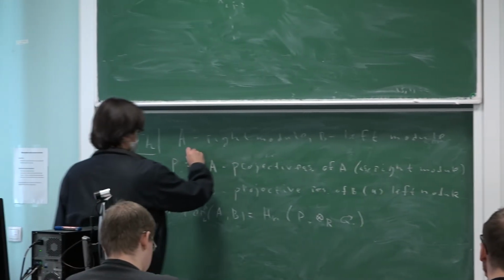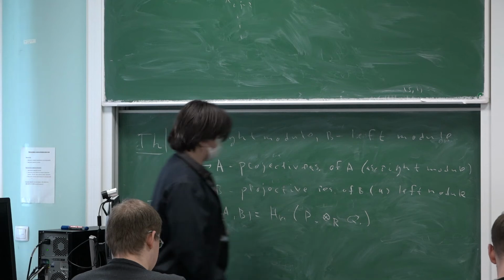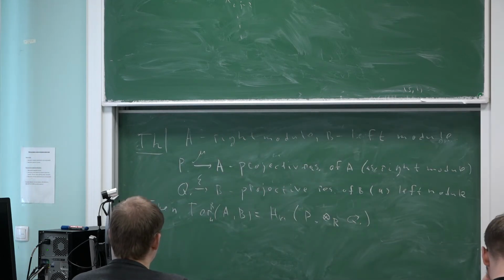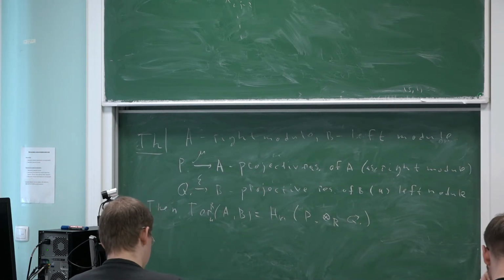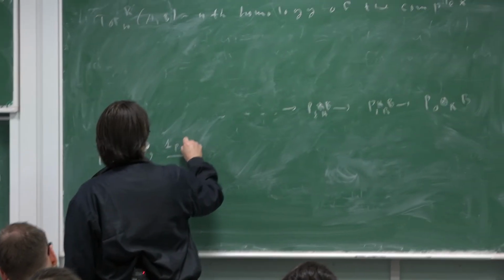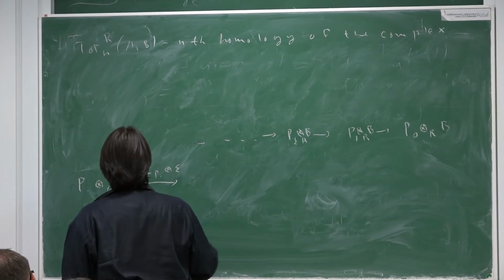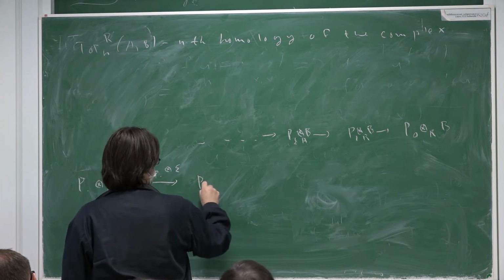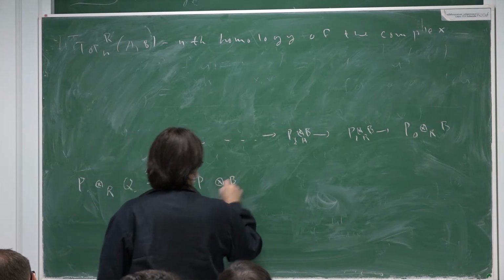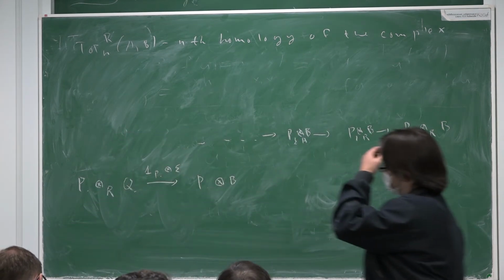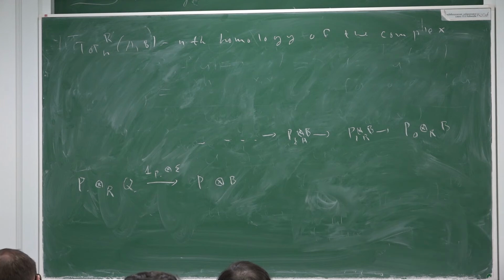Let this be mu, this epsilon. There is a map 1_P tensor epsilon from here to P tensor B. And it is a map of complexes. Well, one can check.